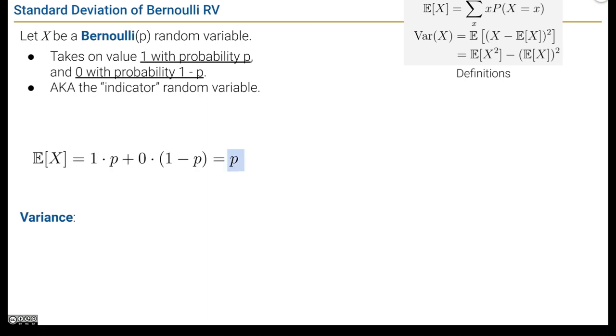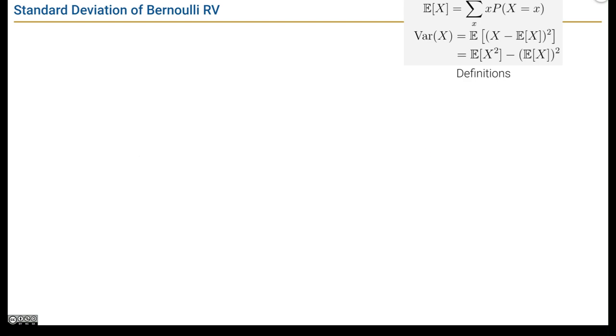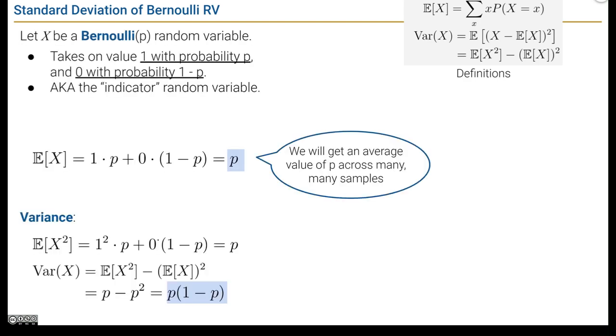And we've done it before. So as a reminder, here's my expected value. On average, I will get a value of p across many samples. And then my variance is p times 1 minus p. Again, from when we did before, the expected value of x squared is p, and then I'm subtracting the square of the expected value.